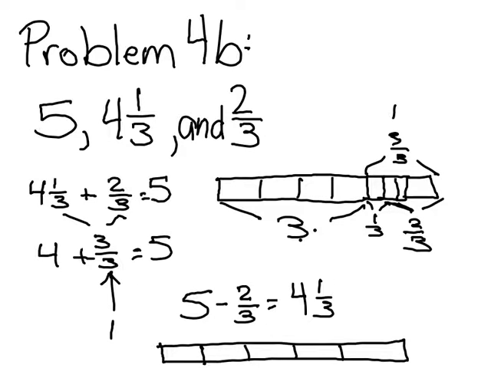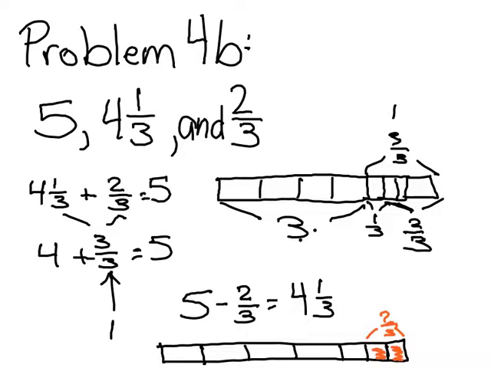Take 5. We're going to make one of these 1/3 over here. This is now in thirds. Well, I'm going to take 2 of these thirds away. I'll take 2 thirds away. Subtract this one from this one. It's my 2 thirds.